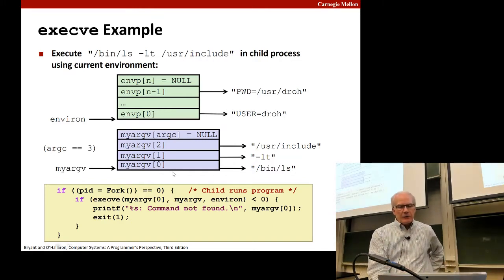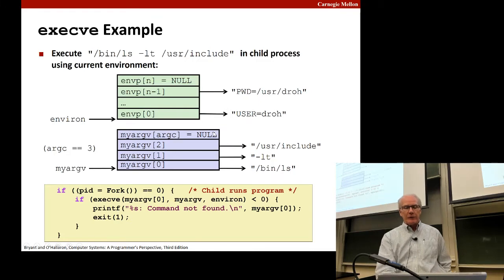So if you wanted to do this call, you'd set up an array of 4 pointers, the first of which points to this name /bin/ls, the next ones to the command line arguments, and then the final one is a null pointer.